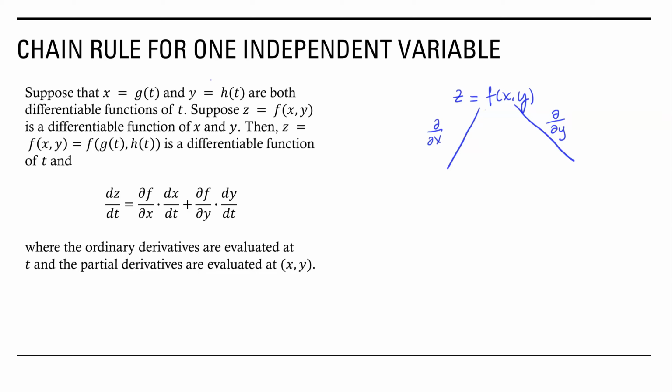Now, having done those partial derivatives, I've taken care of that outside part of the chain rule. And I'm now to the point where I have to deal with, okay, how does x behave? What's the rate of change for x? And also, how does y behave?